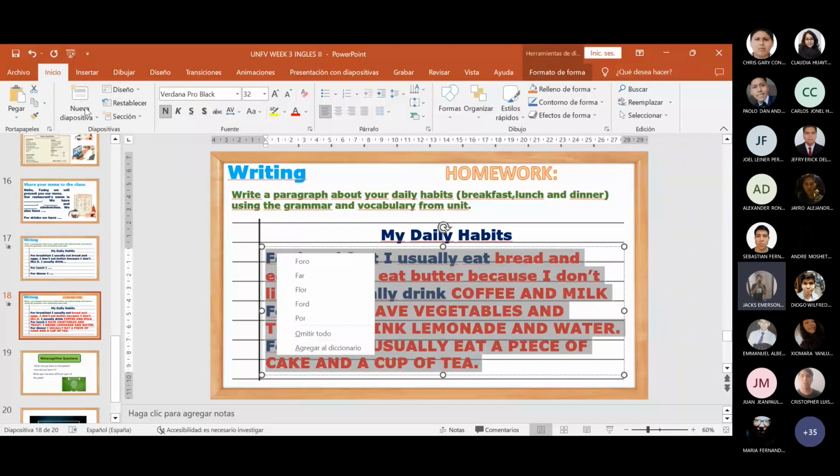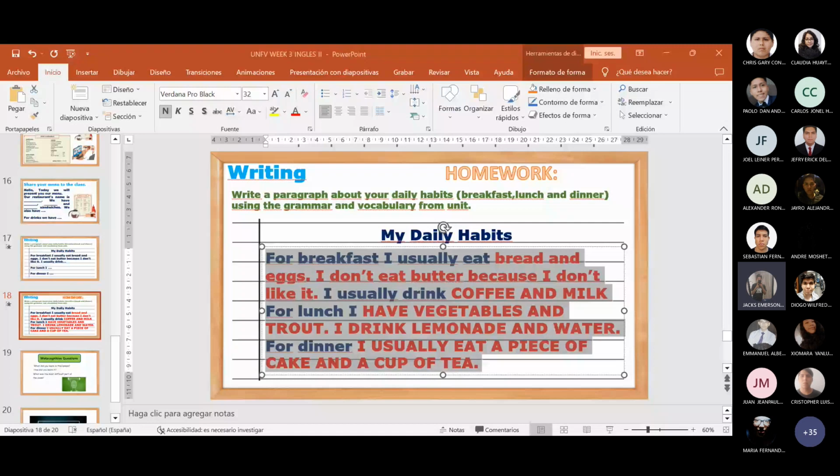A ver, vamos a crear aquí. ¿Dónde estás? General. Nosotros vamos a tener un archivo nuevo.